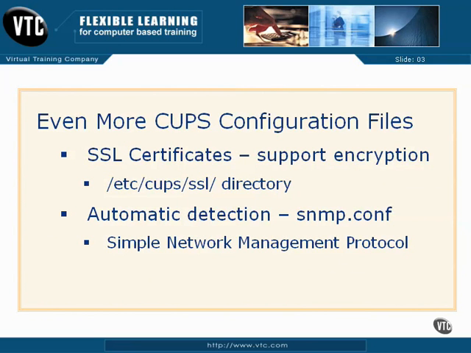If they're so enabled, automatic detection of network printers, in other words, printers shared from other systems on the local network, is configured through snmp.conf, which uses the Simple Network Management Protocol.